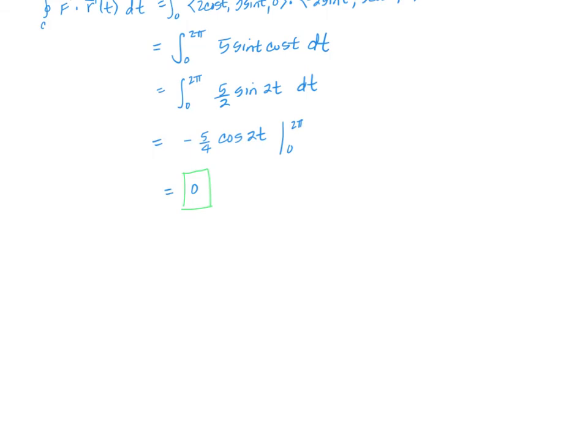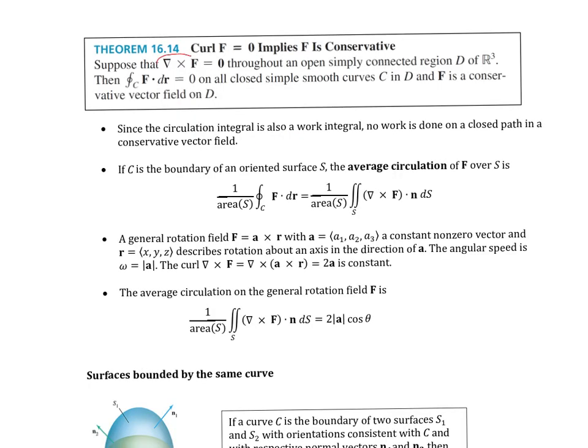The question does come up, though: are the properties still the same when we talk about curl and circulation as it was when we were in a two-dimensional region? The answer is yes, pretty much the same. Something that I did want to emphasize is that when we talk about curl, we're looking at the cross of the del operator with our vector field.